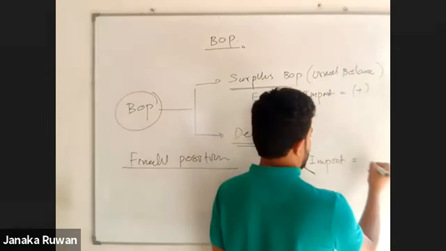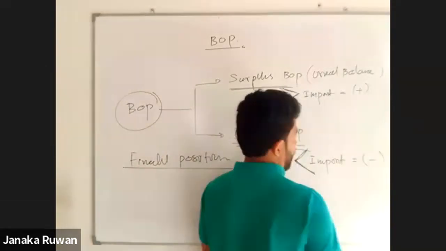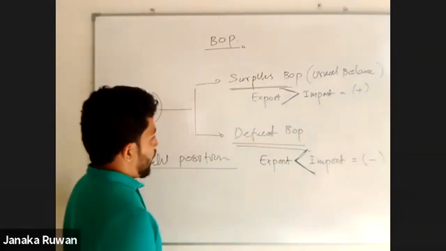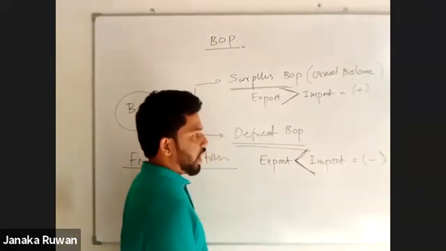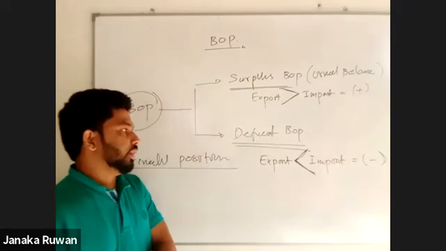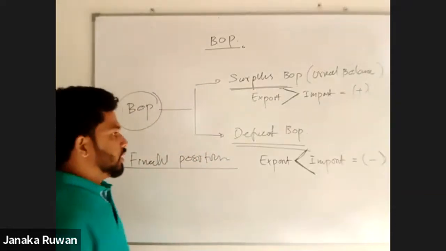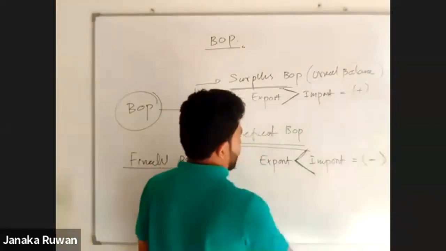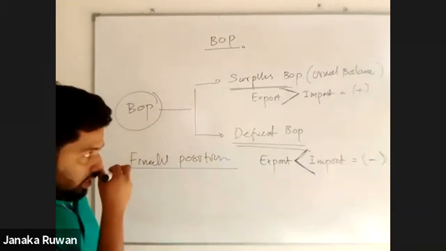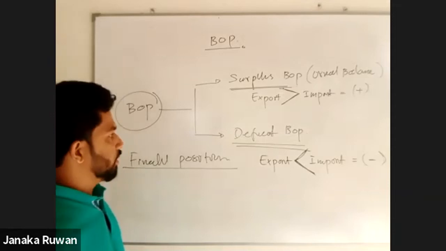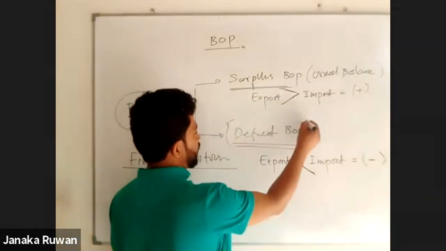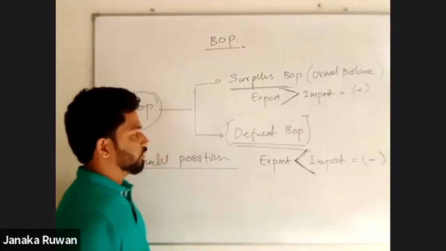It will create a minus, that means a negative value for the overall balance of payment. So if the overall balance is a negative value, it is called a deficit of the balance of payment. This is the meaning of deficit of the balance of payment.